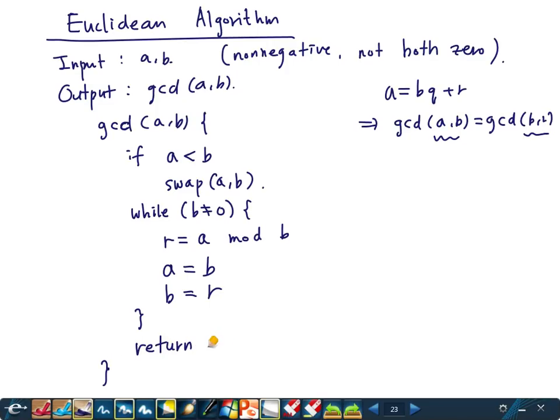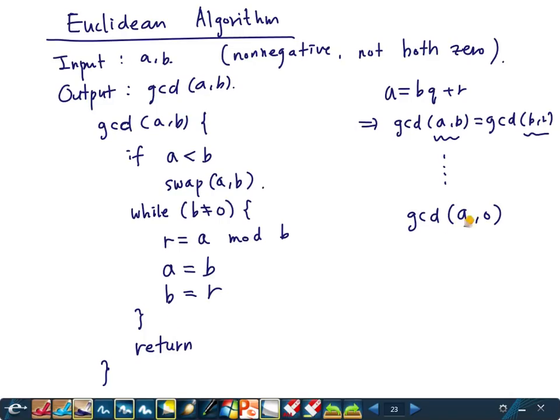We're going to return something. What happens if we have B equals 0? What does that mean? At some point, we will have A, 0, right? In this case, we don't do this. We will exit this while statement.